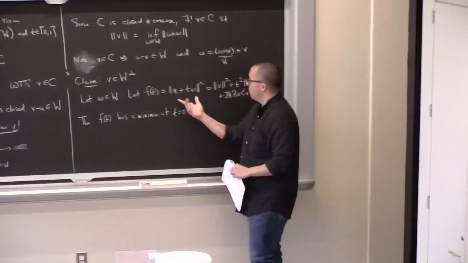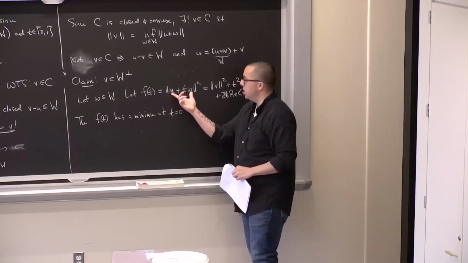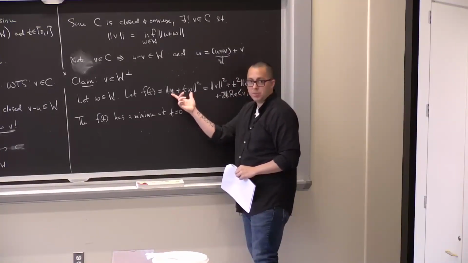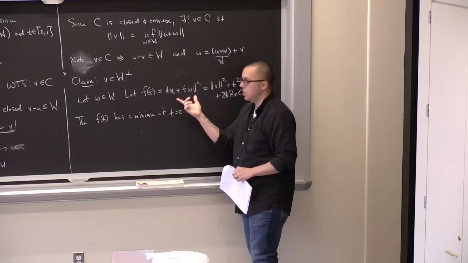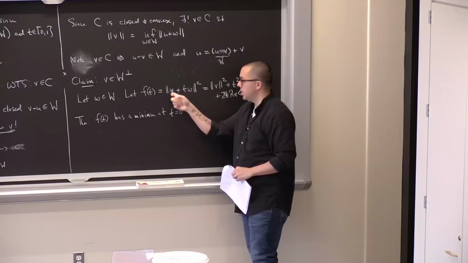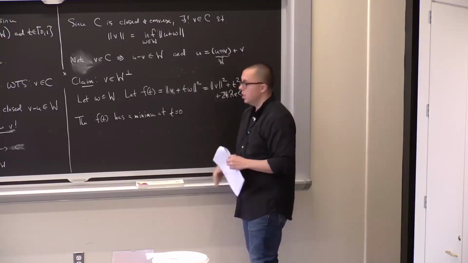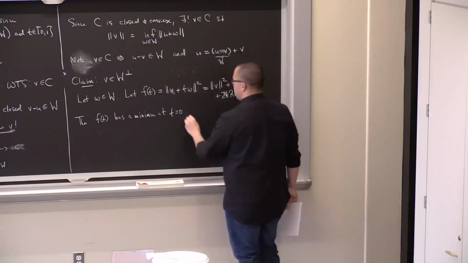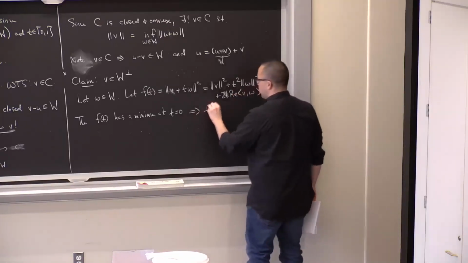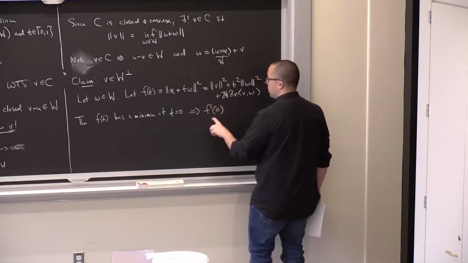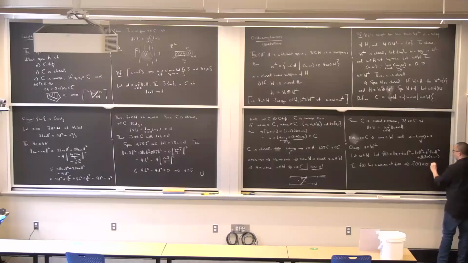Because for each t, this is an element of capital C, right? And the norm of everything in capital C is minimized exactly at V, which is t equals 0, okay? So this has a minimum at t equals 0, which implies f prime evaluated at t equals 0 is 0.